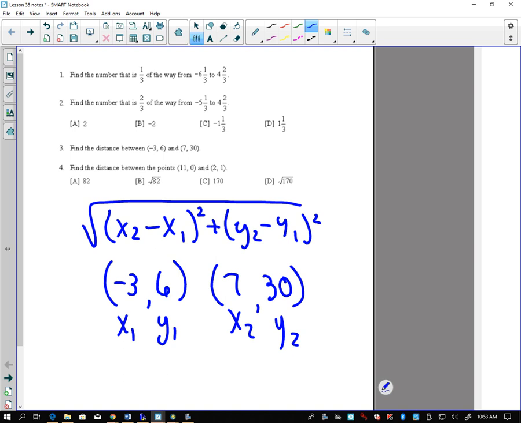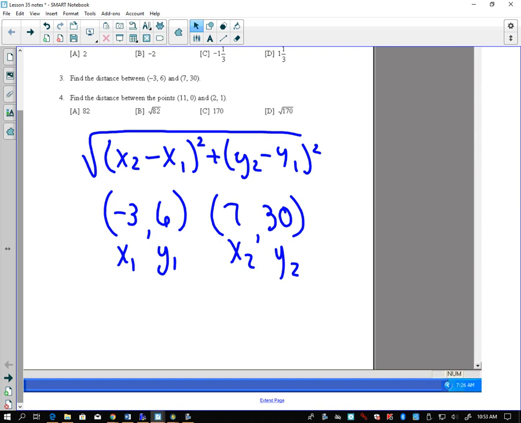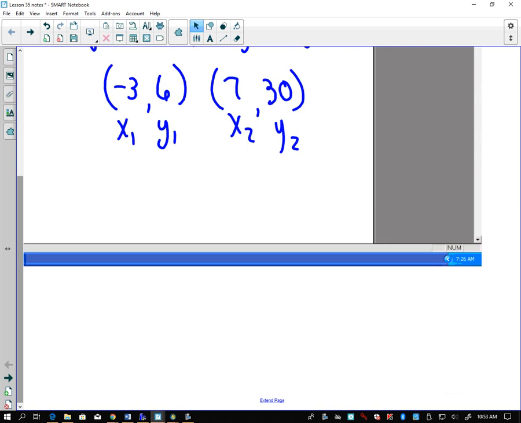Where we're dealing with negative numbers, a common mistake is that people will drop off the negative. So if it's x sub 2, 7 minus, they'll forget the -3. They'll just do 7 minus 3 instead of what should be 7 plus 3, right?